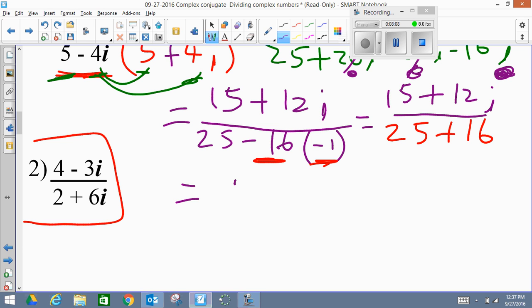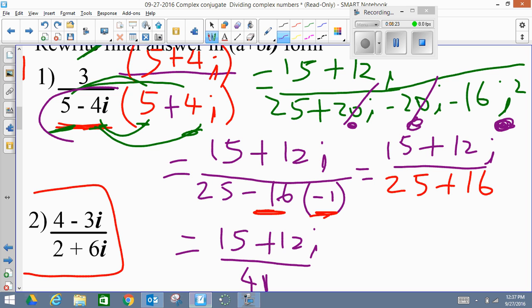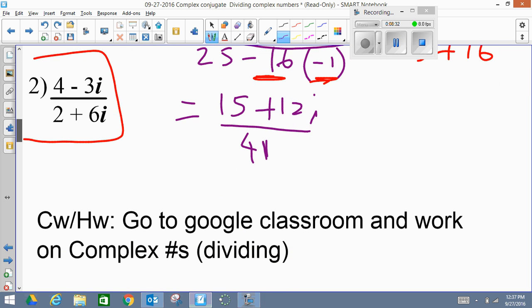So the top, 15 plus 12i. The bottom, now they're like terms. 25 plus 16 is 41. And if you notice, there's no i on the denominator. At the beginning, I had a 4i right there. Now when I multiply times the conjugate, the i's are gone. I only have a 41, which is a real number. But my answer has to be written in the form a plus bi.